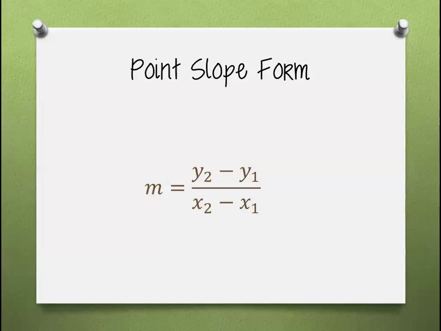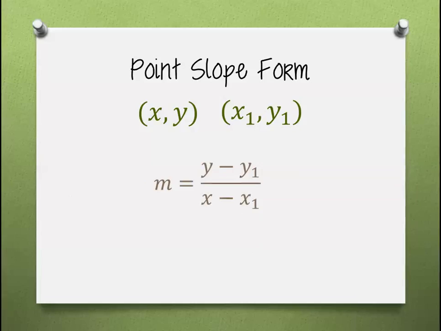Now using that formula, we're actually able to find the point slope form. So in this situation, we can think of two ordered pairs, x, y and x1, y1. We can substitute them in that formula for rate of change or slope, and we end up with m equals y minus y1 over x minus x1.